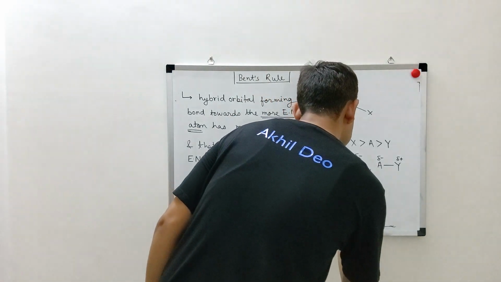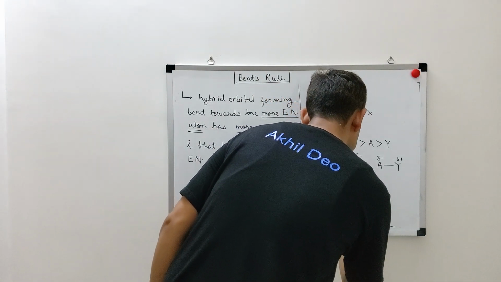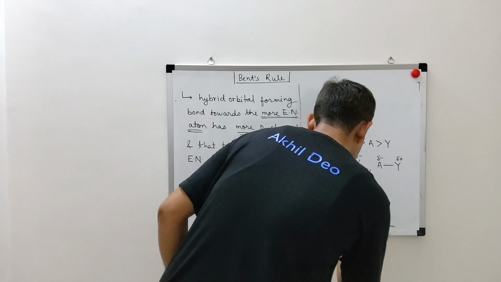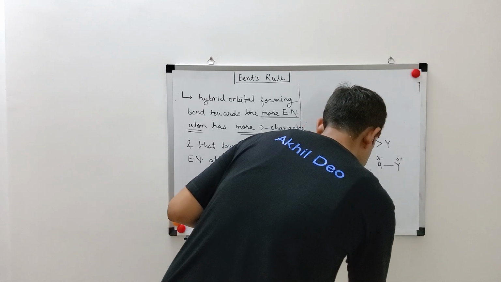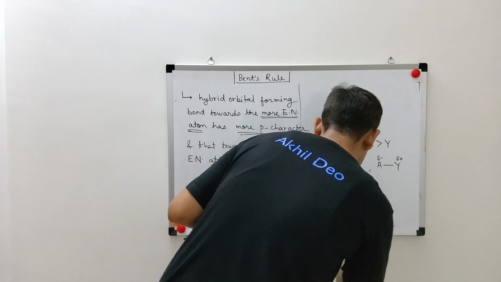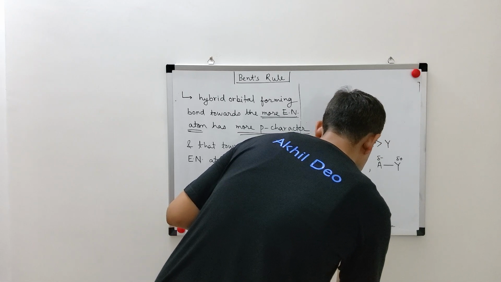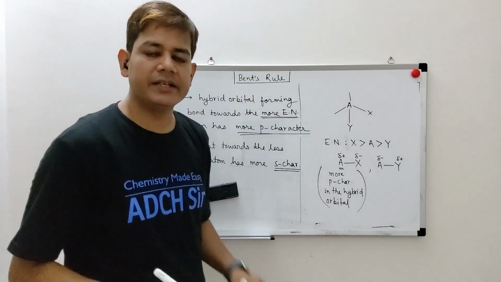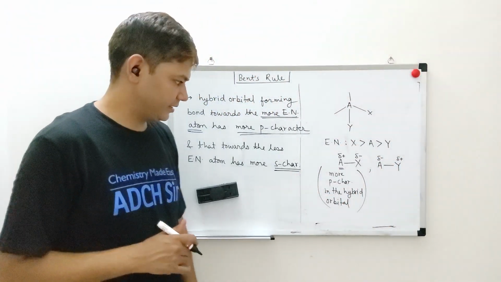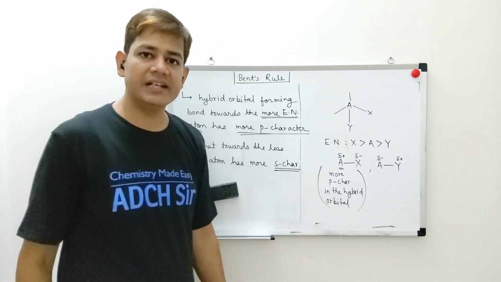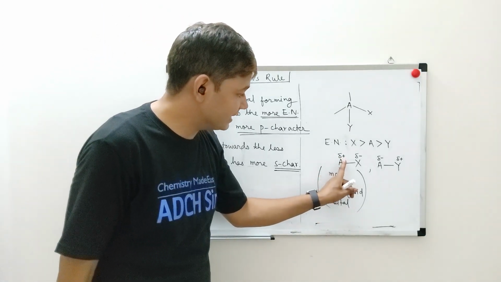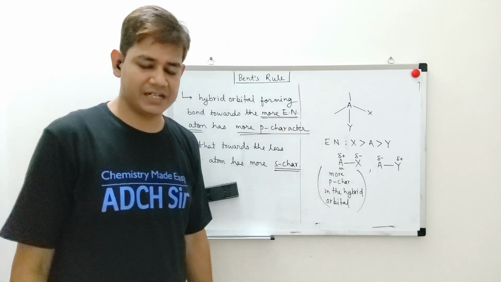So we'll say that there is more p character in the hybrid orbital. Why so? More p character will result in less s character. Less s character will result in less electronegativity. Less electronegativity will result in greater stability of this delta positive charge.